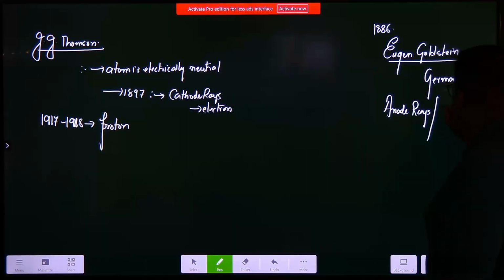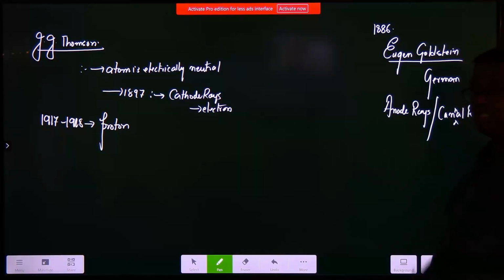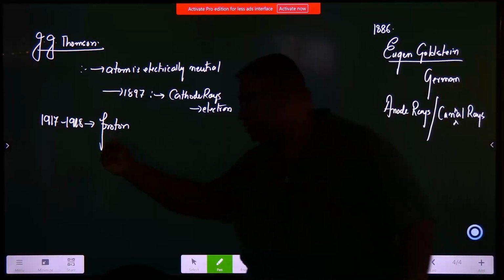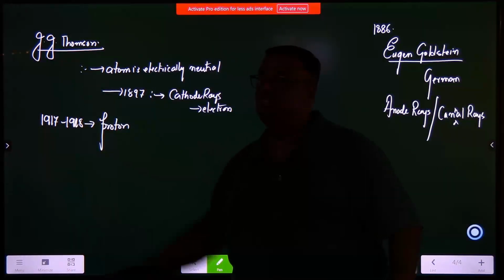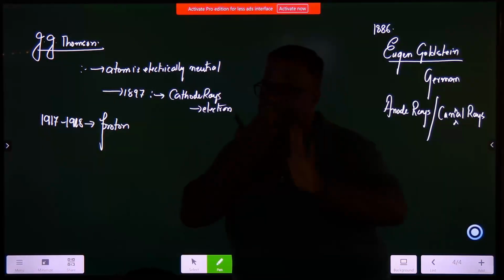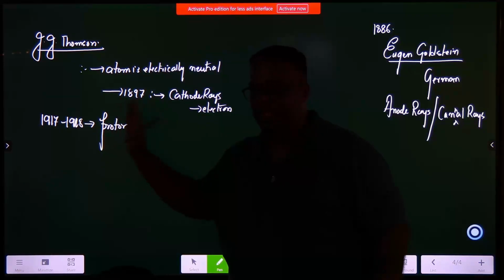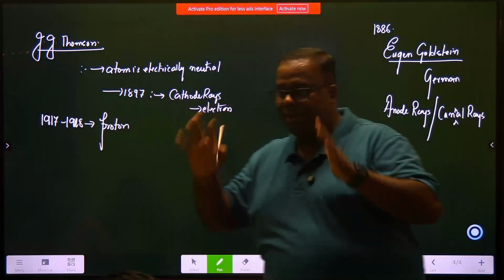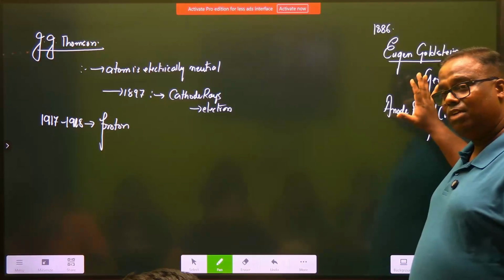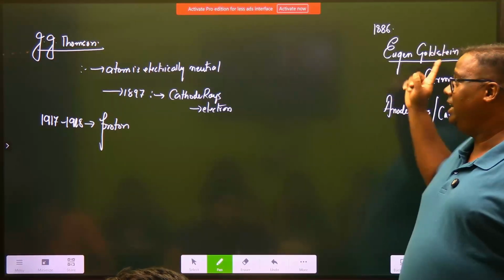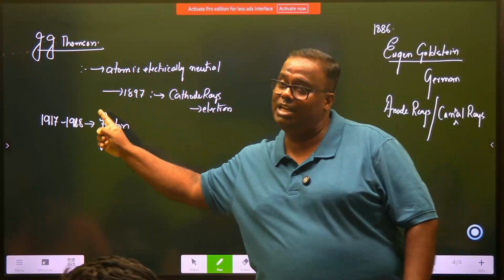Later, these rays were also called canal rays, C-A-N-A-L. So the scientific body did not attribute its discovery to J.J. Thomson. This fellow discovered anode rays in 1886, whereas electrons were discovered in 1897.